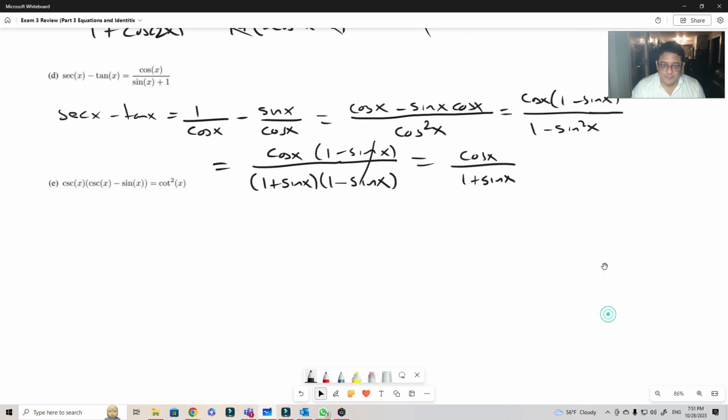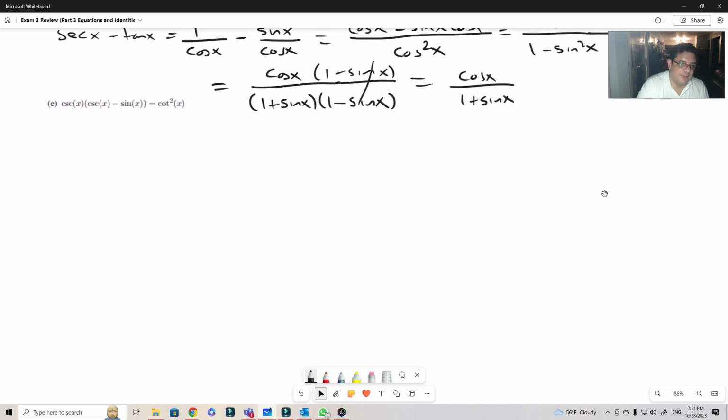Last but not least, we have this in terms of cosecant and cotangent. One way to go about this is to essentially transform everything in terms of sines and cosines.